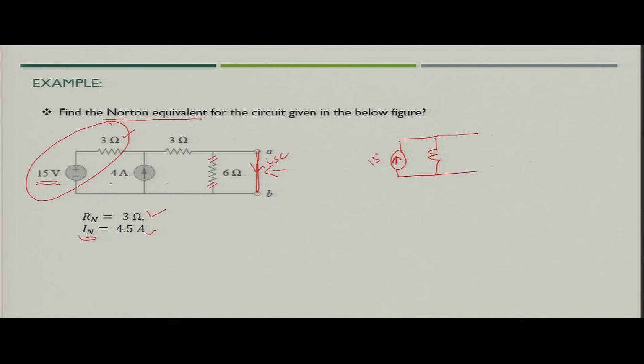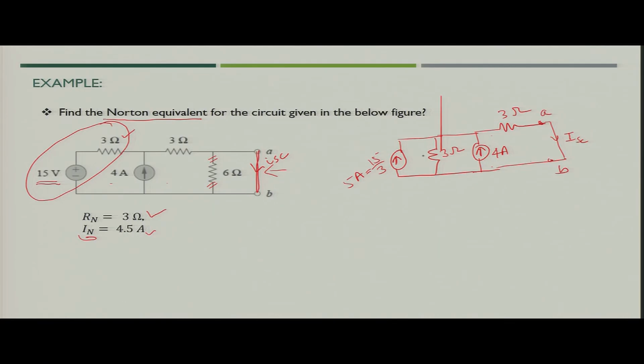Current source value would be 15 by 3, that is nothing but 5 ampere, and in parallel with one resistance, that value of resistance would be 3 ohm. Now, you have the given current source and you have another 3 ohm resistance and then you have terminal A B and this is the short circuit current.